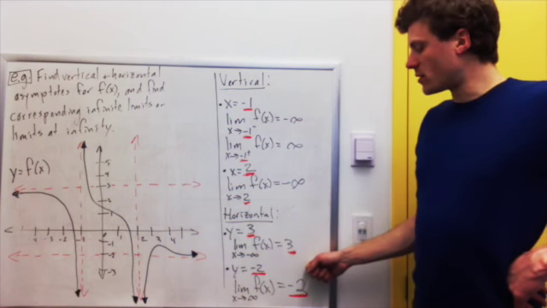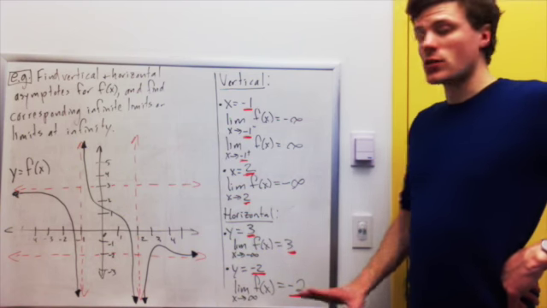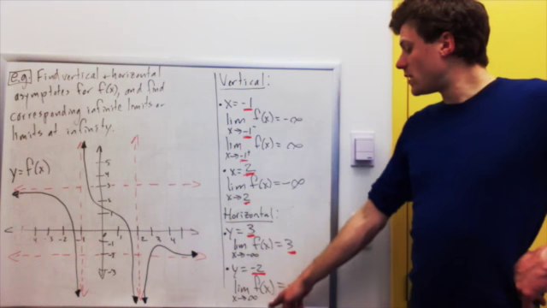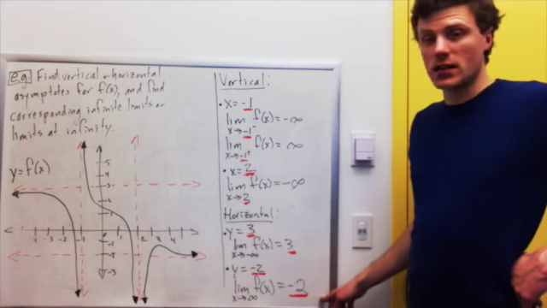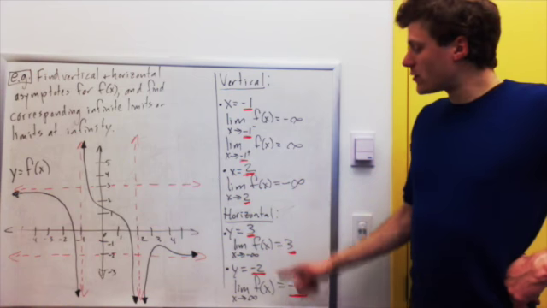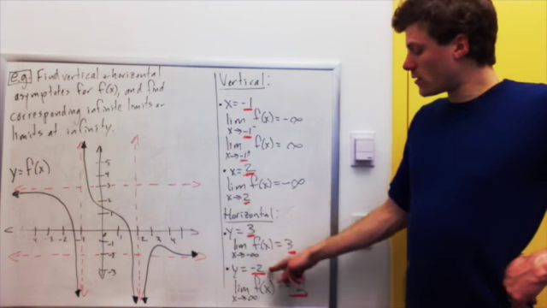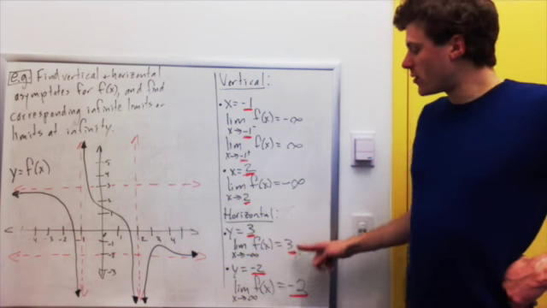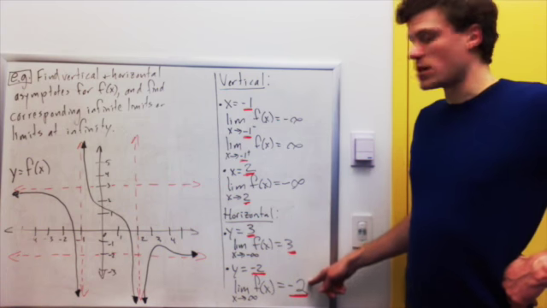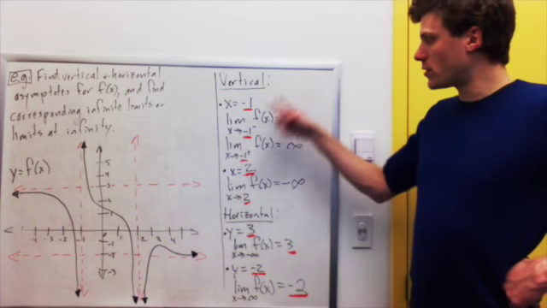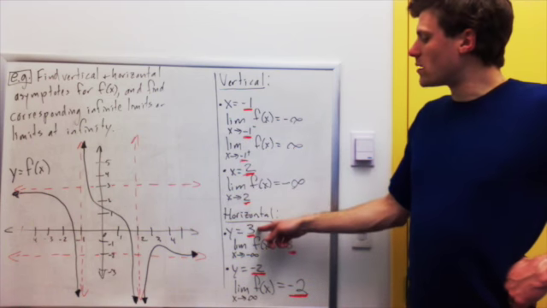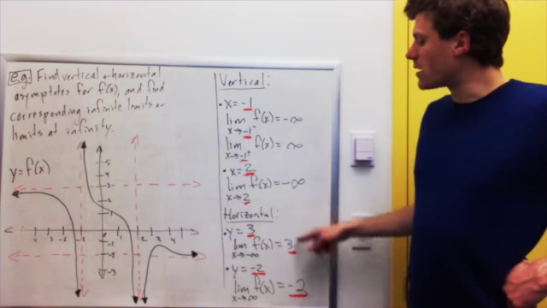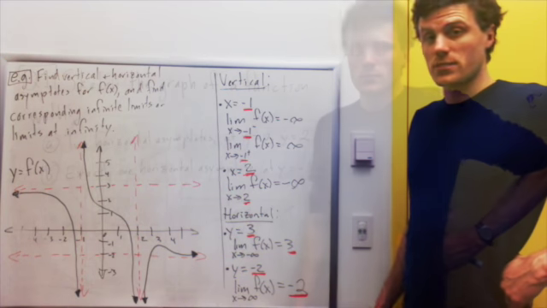So the other limit at infinity is the limit as x approaches infinity of f of x is -2. Notice that the coordinate for the horizontal asymptotes corresponds to the value of the limit. So vertical asymptotes correspond to the x value we're approaching. The horizontal asymptotes correspond to the actual value of the limit.